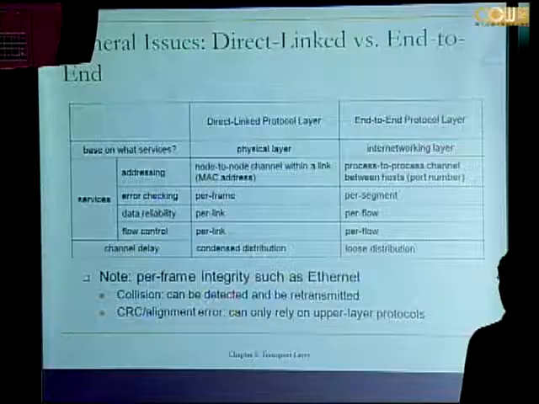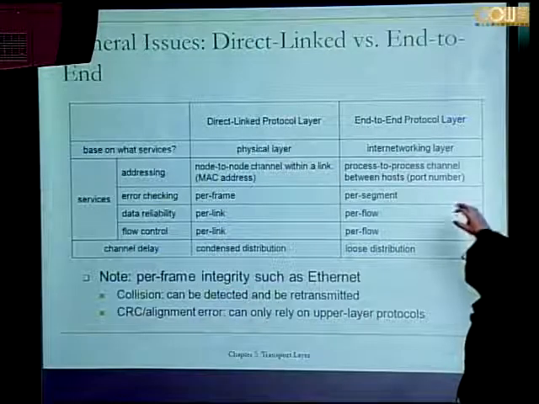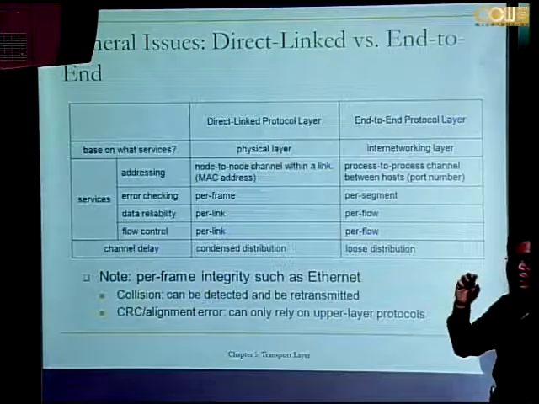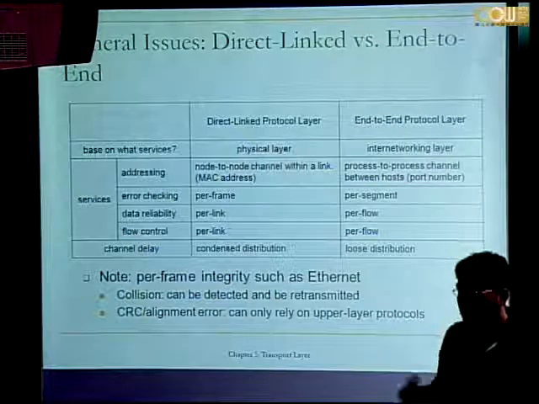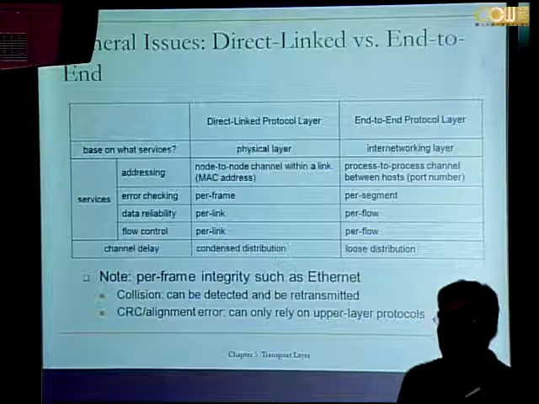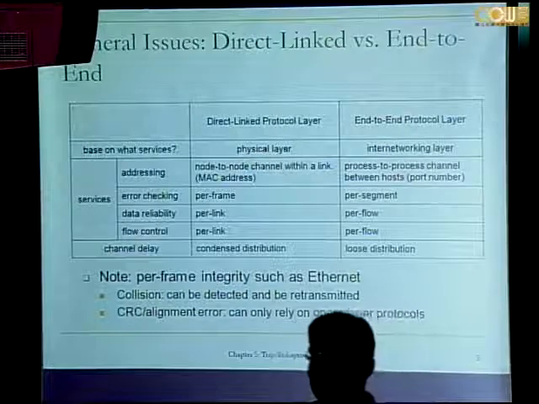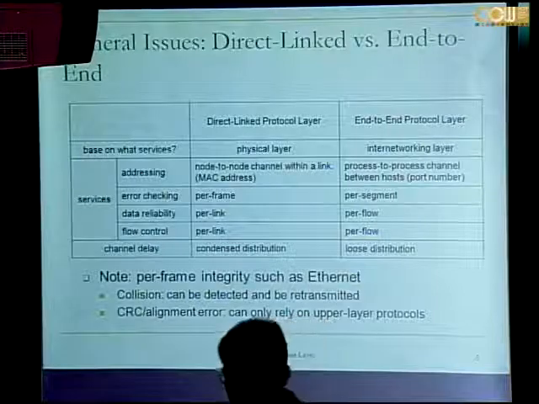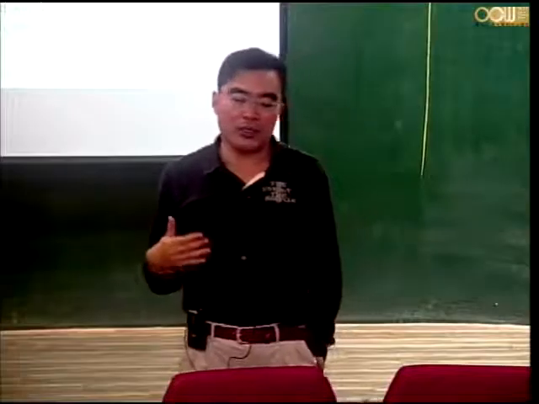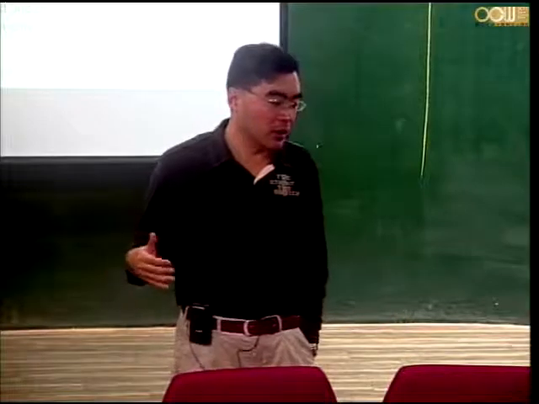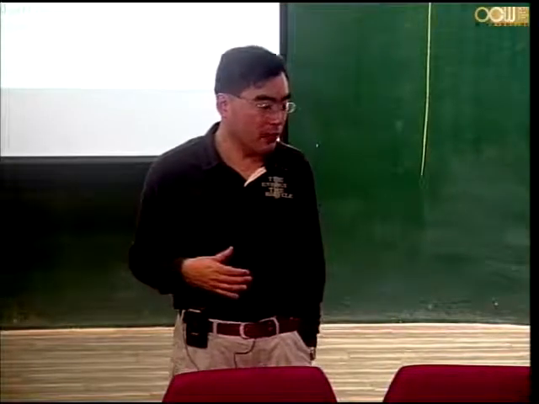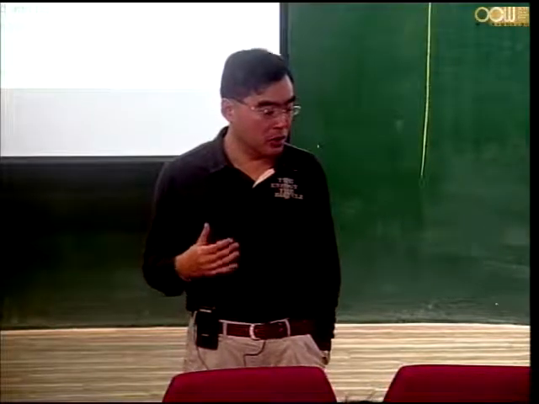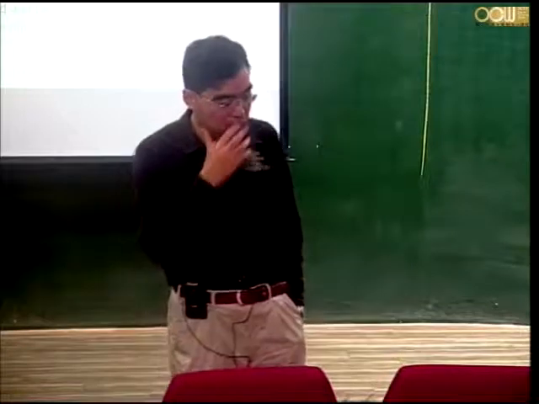But on the transport layer, you need to do detection as well as correction, because that's the last line, the final defense line for error control, is the transport layer. So you need to detect and correct. In the link layer, you might just detect but not correct. But here you need to detect and correct, if you need to guarantee it's correct.